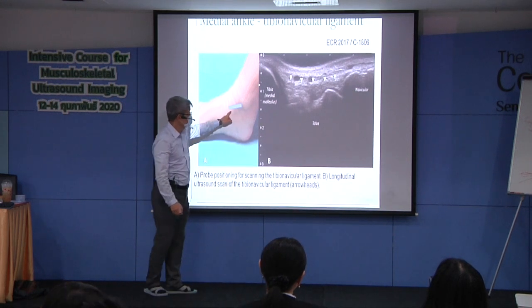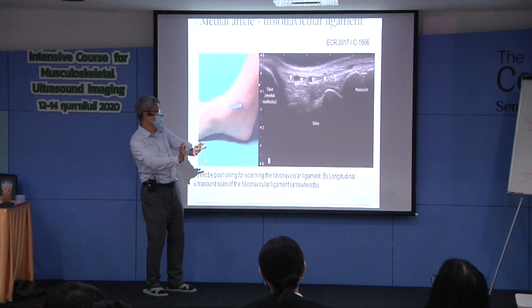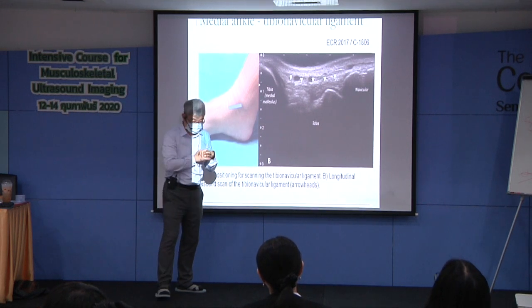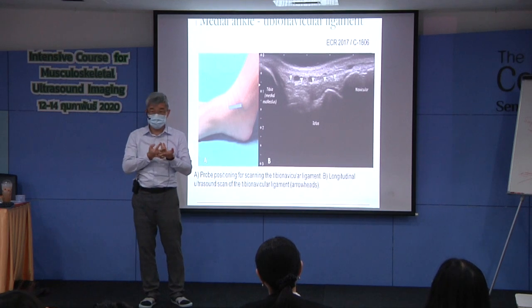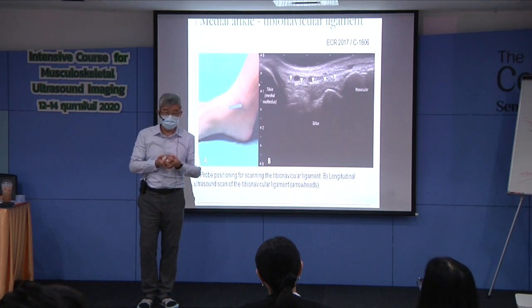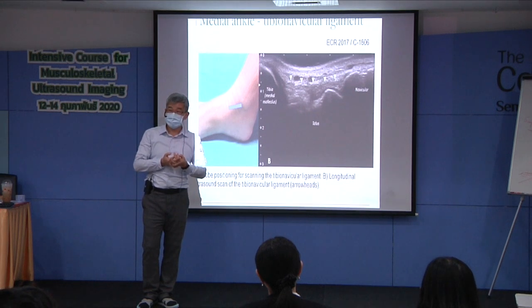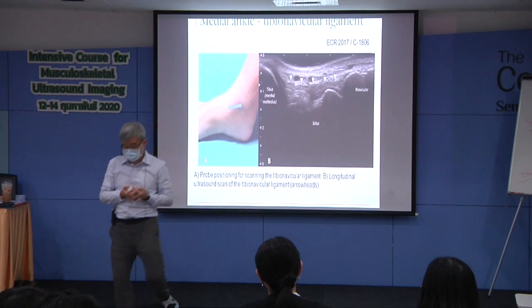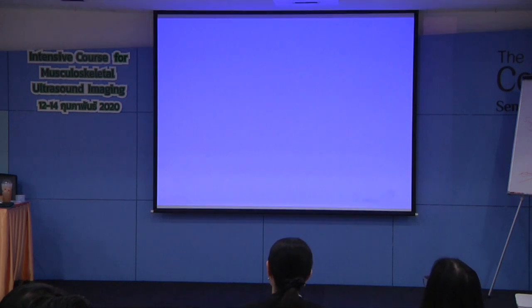So now the skill and the knowledge that I told you may help to differentiate the location of injuries, and may help us develop our treatment strategy. So 5 more minutes, then we finish the discussion and ask you, do you have any questions?